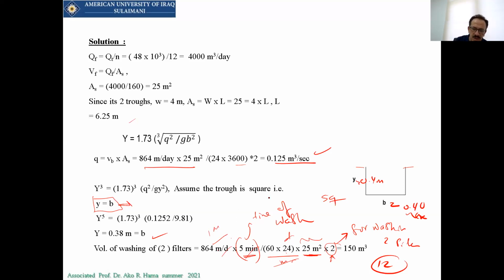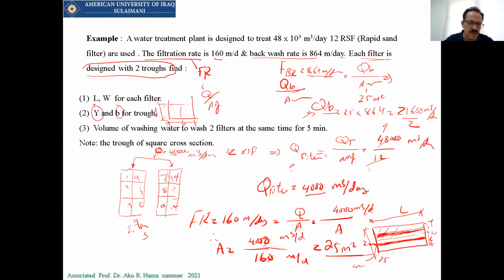So this is 150 meter cube, the volume of water that is needed just to be used for washing the 2 filters out of 12 filters for 24 hours. I think, yeah, this was the required. This is the 5 minutes given to you, and the 2 filters that will be washed together at the same time.